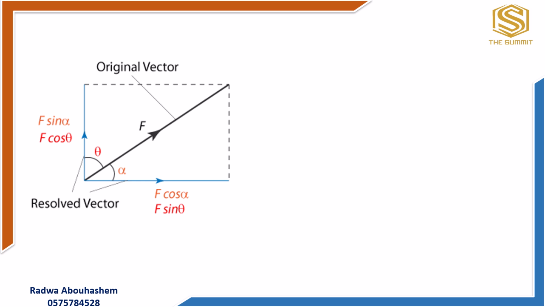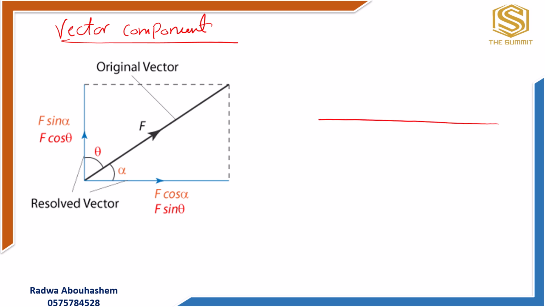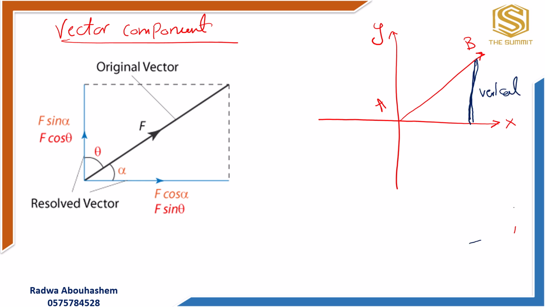Now let's go for the vector components. As we agreed, wherever you read the vector, you have to read it from the x-axis. So here's a vector. This is the vertical component for it, and this is the horizontal component for it.